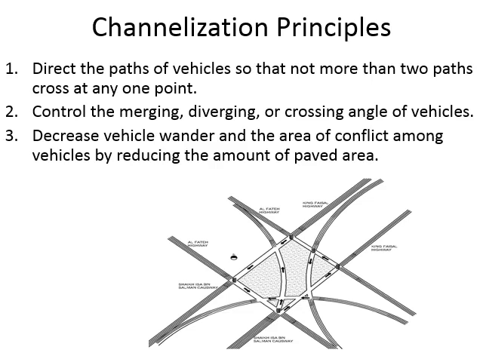For example, you see here in this diagram, so when I am at this point, okay, the two movements which can cross is straight and left. Okay, nobody else. When I am at this point, again I am going like this, and the only movement which can cross me is this one. So again only two movements crossing at this point. And again when I reach here, again it's only me and this guy.